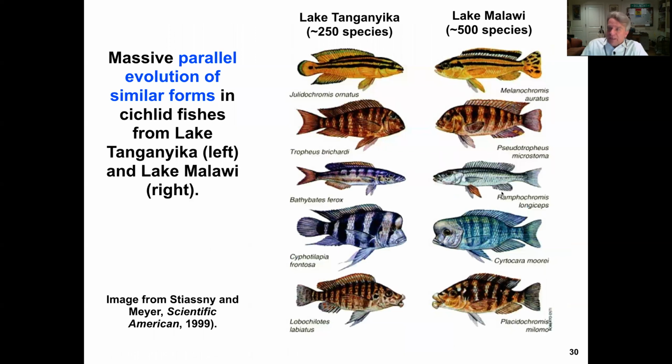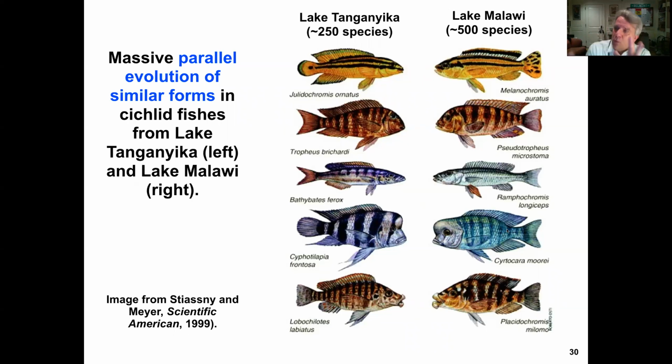Now, what's really exciting is that there's really incredible parallel evolution among these different lakes. Now, all of these Lake Malawi species are more closely related to each other than they are to anything in Lake Tanganyika. And what we see is that in Tanganyika and Malawi, we have this parallel evolution of very similar phenotypes that are associated with utilizing very similar habitats and resources.